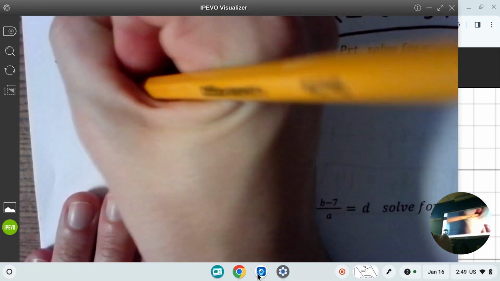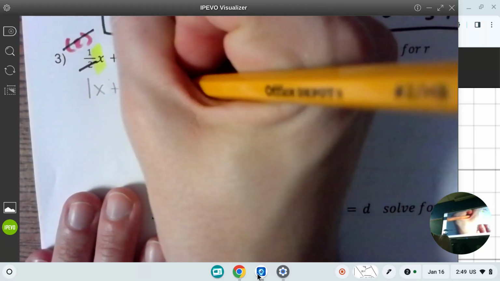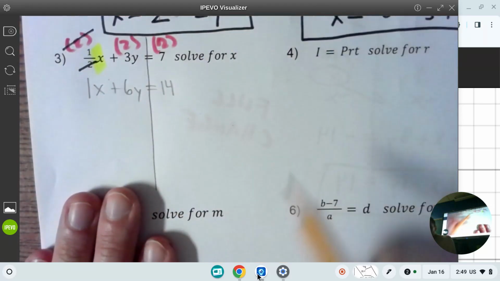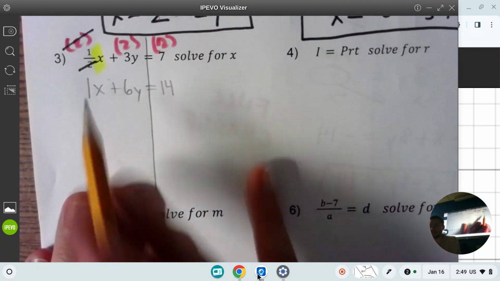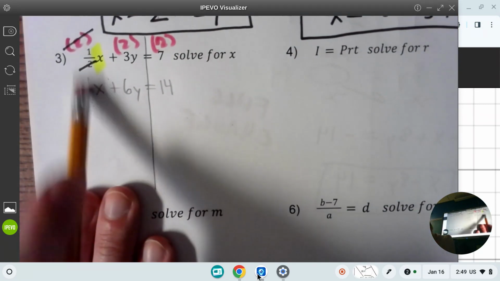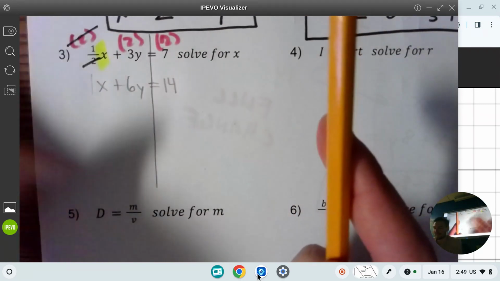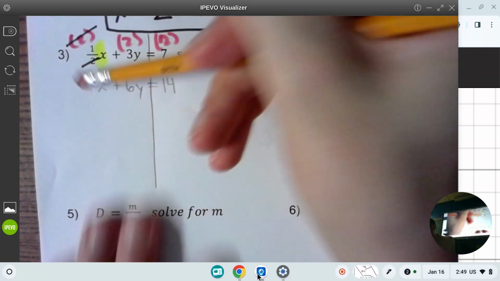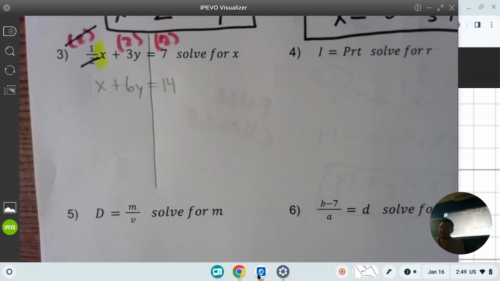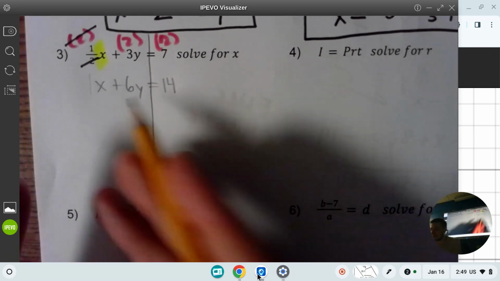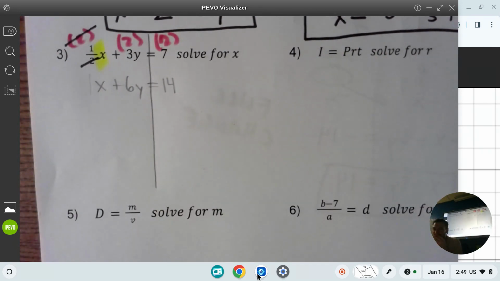That is 1x plus 6y equals 14. Do we need to have this 1 here? Not really. Respectfully, no, right? Once we get rid of that 1, we got to move the 6y to the other side. How do we move that 6y to the other side?